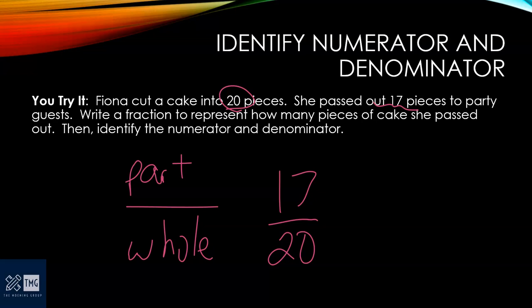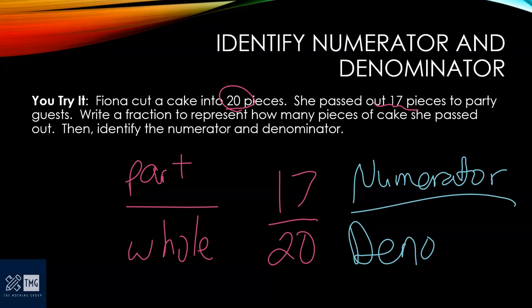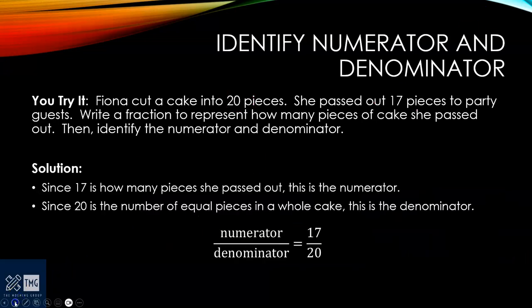So we have our fraction of 17 over 20, and then we can say the top number is the numerator, and the bottom number is the denominator. The more you say this out loud and talk about it, the more you're going to remember it. So again, just to refresh, 17 over 20, because 20, the whole, is the denominator, while 17, the part, is the numerator.